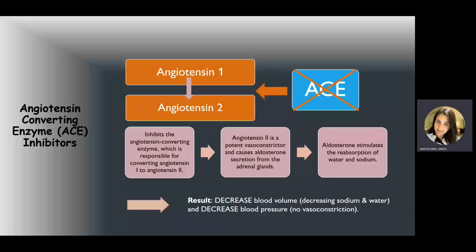Then we're moving on to the angiotensin converting enzyme inhibitors, or ACE inhibitors. Basically, we have this enzyme, the ACE, that converts angiotensin 1 to angiotensin 2. That's important because angiotensin 2 creates a lot of vasoconstriction.